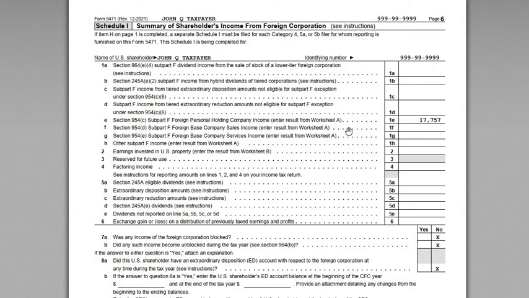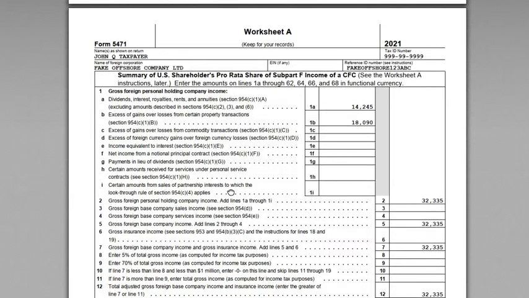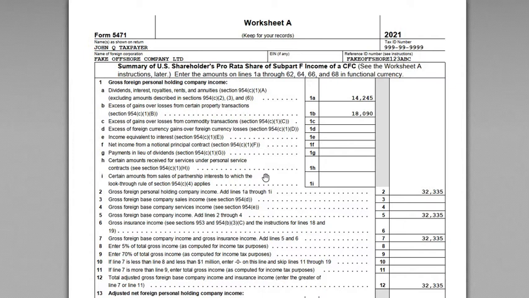What we need to do first is complete Worksheet A that's part of Schedule I. Worksheet A is included with the instructions. This one was prepared using the tax software we have, but Worksheet A, as it notes, is to keep for your records.